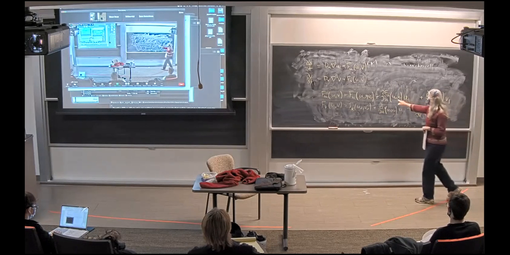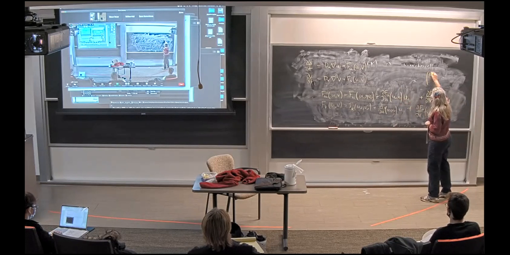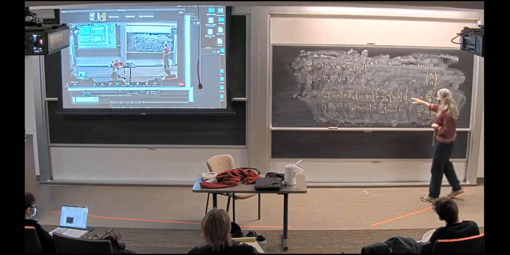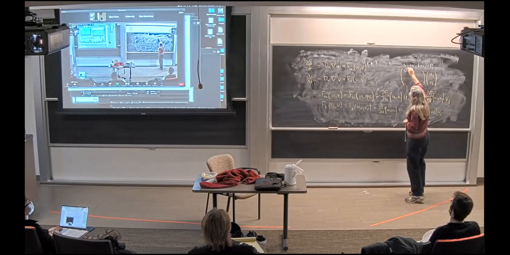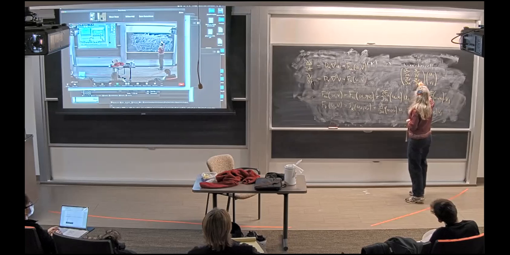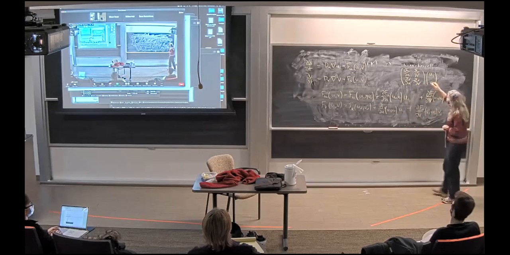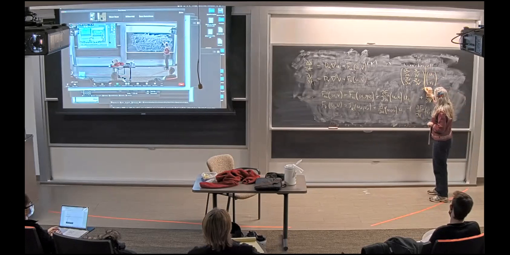If we think of (u1, v1), we can multiply by a matrix that looks like this, and this matrix is evaluated at u0, v0.